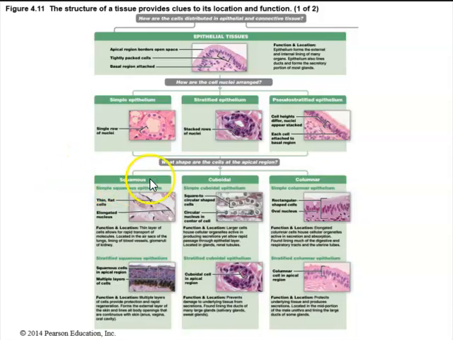And then we can look at the cells at the topmost or apical layer. So if it's one layer of squamous cells, we call it a simple squamous epithelium. If it's many layers of squamous cells, or if there are many layers with the squamous cells at the very apical layer, we call it a stratified squamous epithelium, and so forth with the rest of the other types of epithelium.